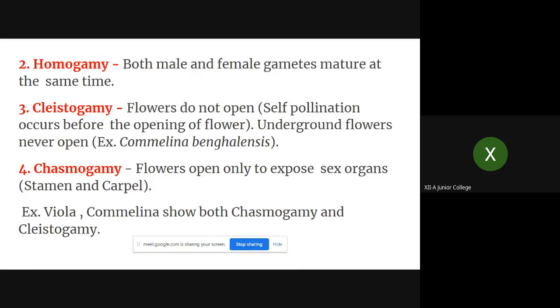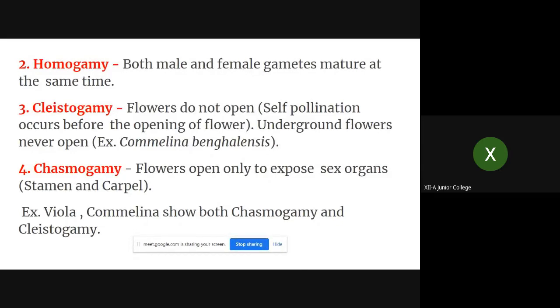Now the second, which is related to cleistogamy, is called chasmogamy. Flowers open, but when? After the sex organs are matured and self-pollination takes place first, and then they open. Then these sex organs are exposed. That means they open. That is what is called chasmogamy.